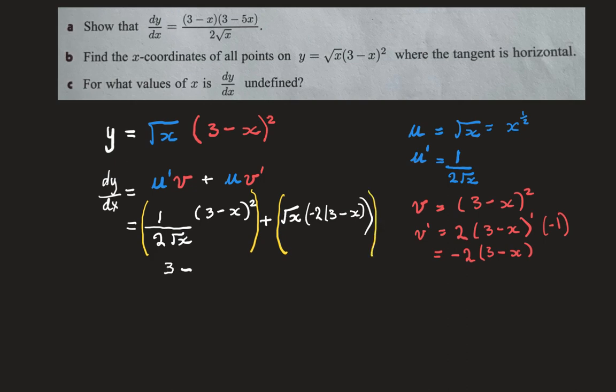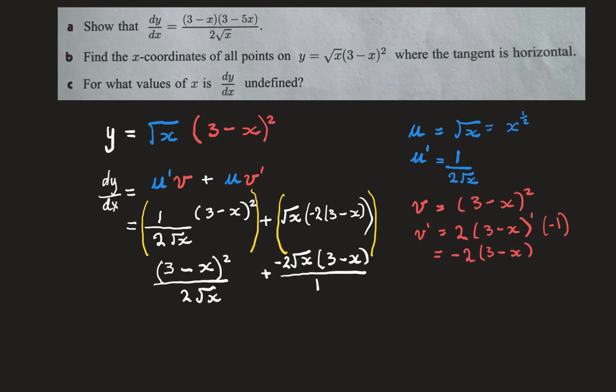If I rewrite this, it will look a little bit like this: all of this (3 minus x) squared over 2 root x, and then this part over here is minus 2 root x (3 minus x), and underneath we've got 1.